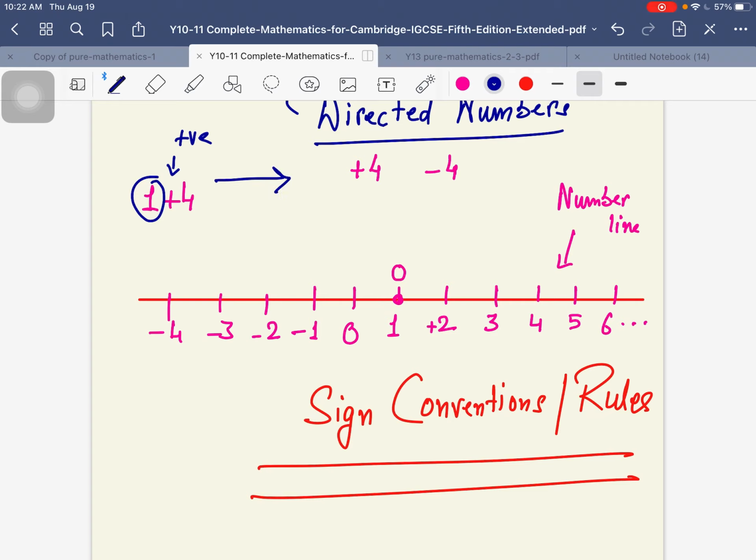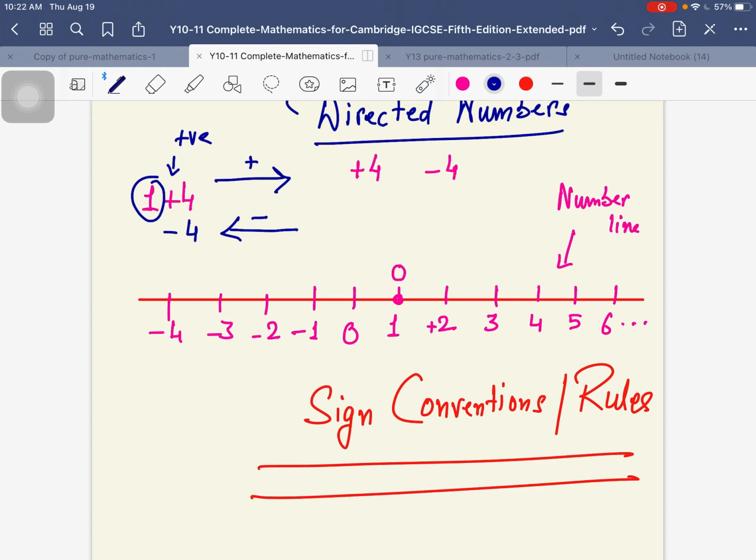Likewise, if we have a negative number, suppose this is negative 4, then from the starting number, in this case 1, we should move towards the left. So from the starting number, if we are adding a number, we're going to move to the right side. If we're subtracting a number, we're going to move to the left side.